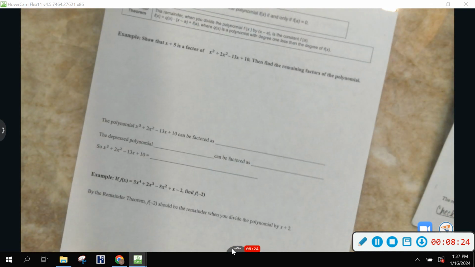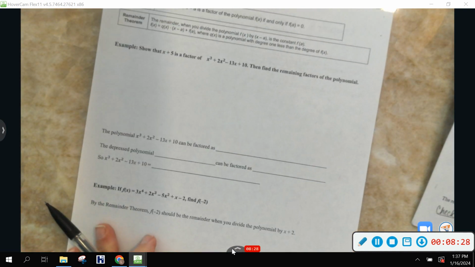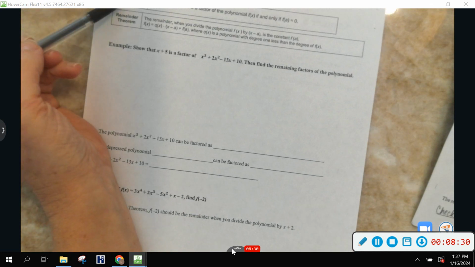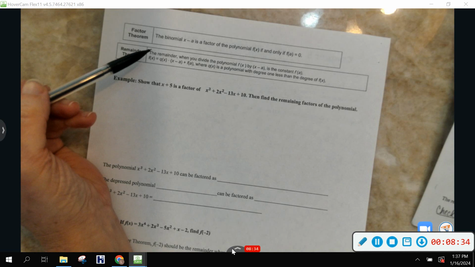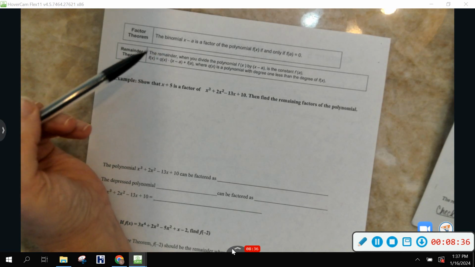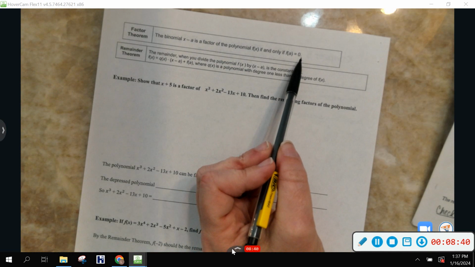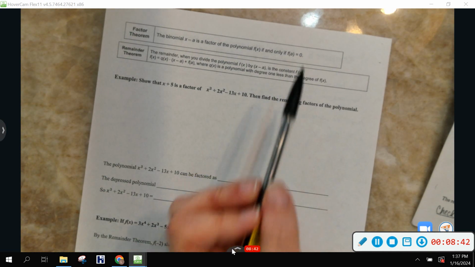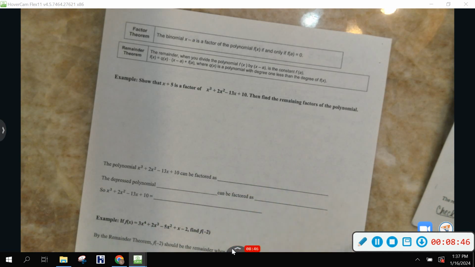So back at the note page. Two other theorems associated with polynomials: the factor theorem and the remainder theorem. The factor theorem says the binomial x minus a, so that linear divisor, is a factor of the polynomial if and only if I get a remainder of 0. So when I take 8 and divide it by 4, no remainder, so we say 4 is a factor of 8.